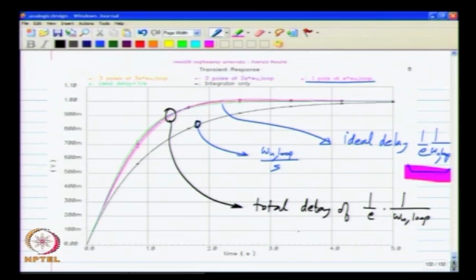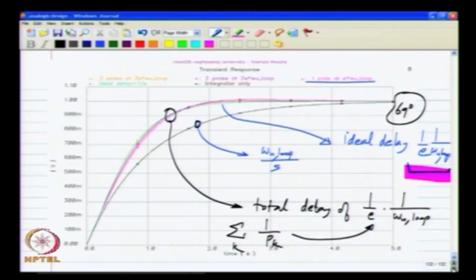By total delay, I mean that if you have multiple poles, it is the summation of the delay due to each pole. So, this again should tell you that if you have a delay of 1 by E times 1 by omega u loop, regardless of the order of the system, you will get a reasonably well behaved step response.